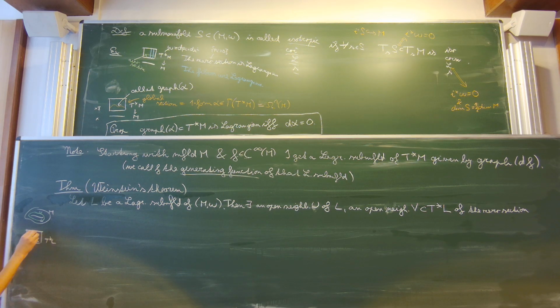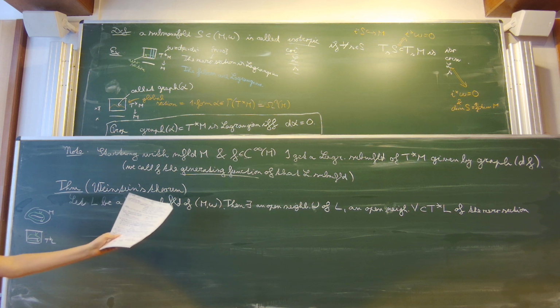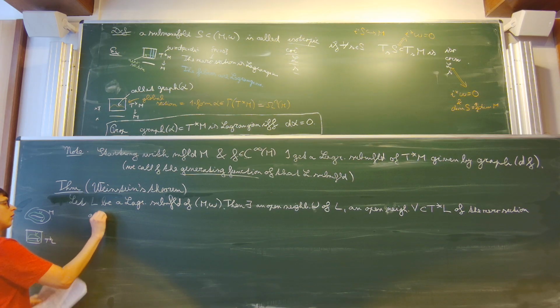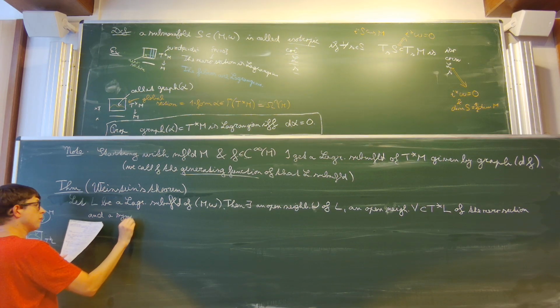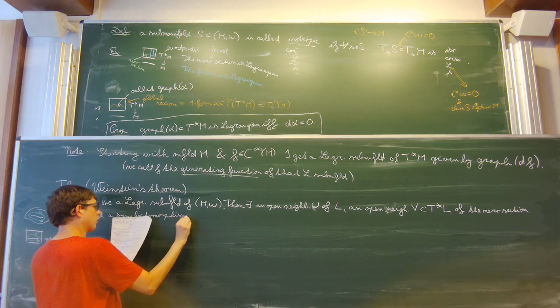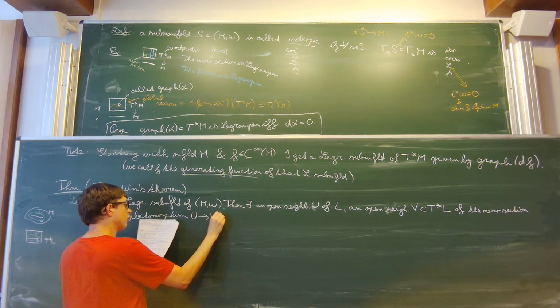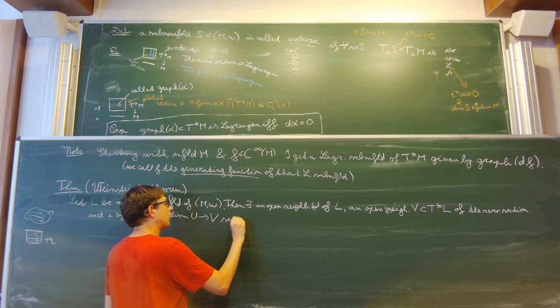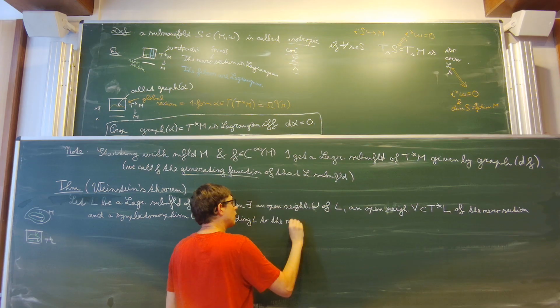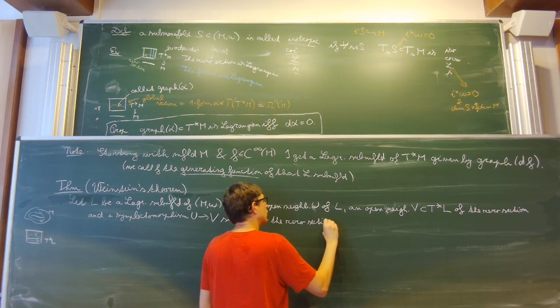And there is also an open V around this, and there is a symplectomorphism relating the two. Then there is an open neighborhood of one, an open neighborhood of the other, and a symplectomorphism from U to V, sending L to the zero section.